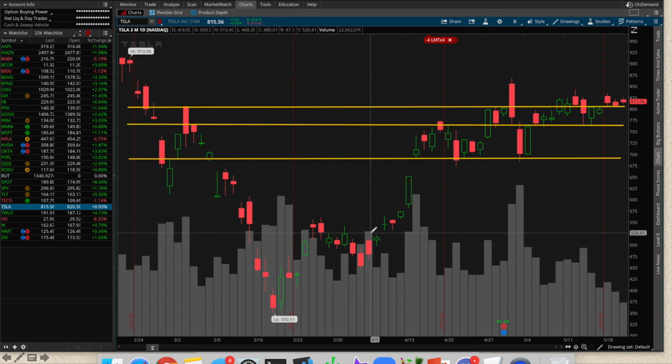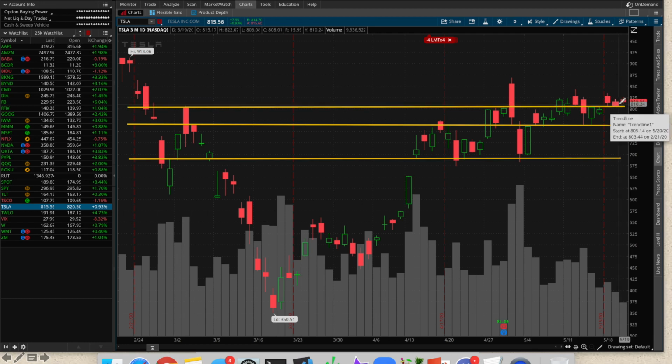Now you will notice that each support and resistance zone is characterized by the price action moving back and forth in it, and finally at some point breaking out of it. Once it breaks out, it creates a new support. The previous resistance becomes new support, and then it forms a new resistance level, and then the price bounces in that until it finally breaks out of that, and the same phenomenon keeps continuing. So now at this point it broke out of this. Now this is your new support.